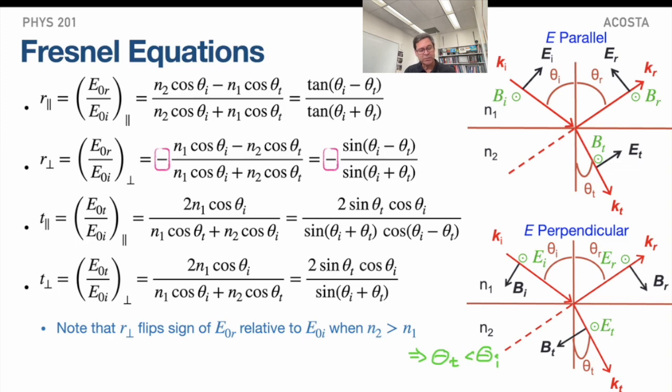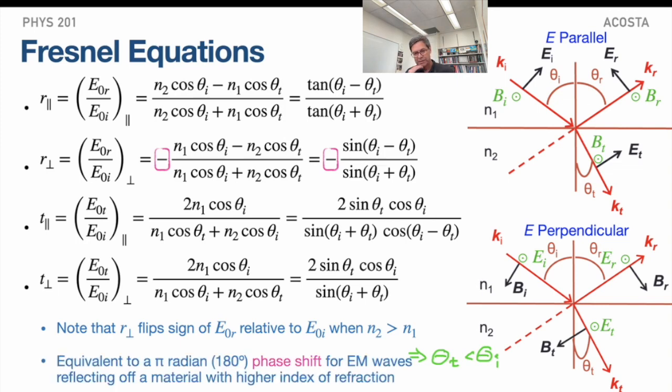So my reflection coefficient has a negative sign in front, and what that means is that's equivalent to a 180 degree or pi radian phase shift for electromagnetic waves when they reflect off a material with a higher index of refraction. So if you're reflecting off a material with a higher index of refraction, you're getting a 180 degree phase shift when doing so. It's like a string wave hitting a fixed boundary.